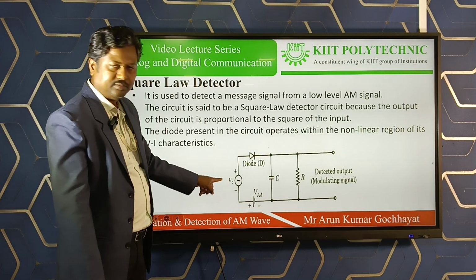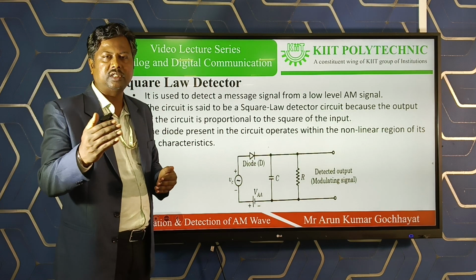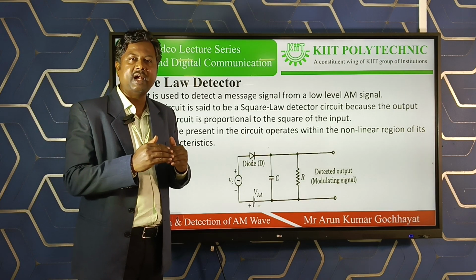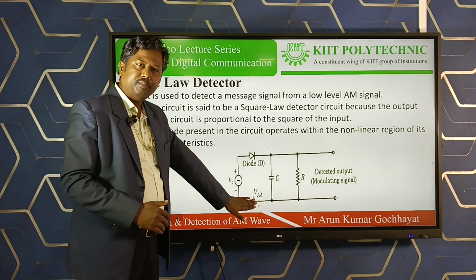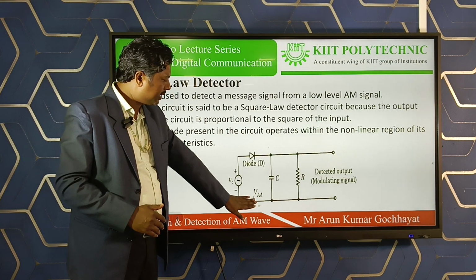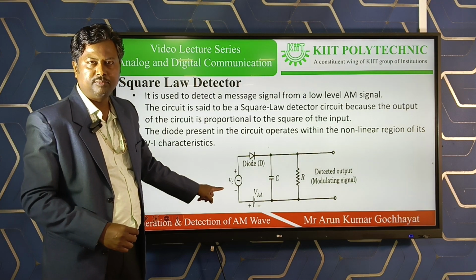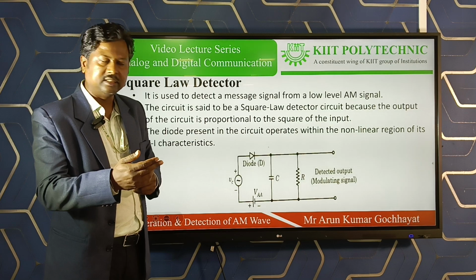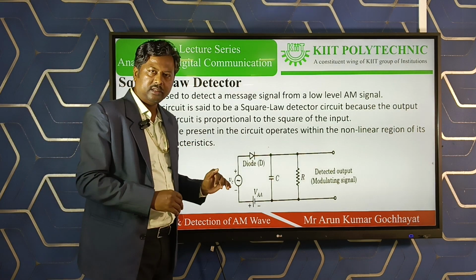This AC source provides you the sinusoidal input. The sinusoidal input has a positive half and a negative half. If the DC battery had not been connected over here, then during the positive half of the input AC, the diode would move to forward bias, and during the negative half, it would move to reverse bias.